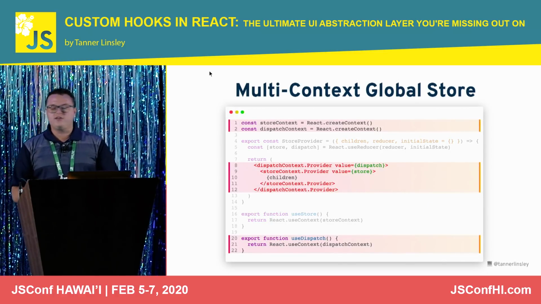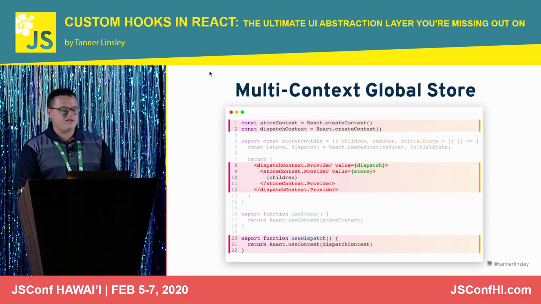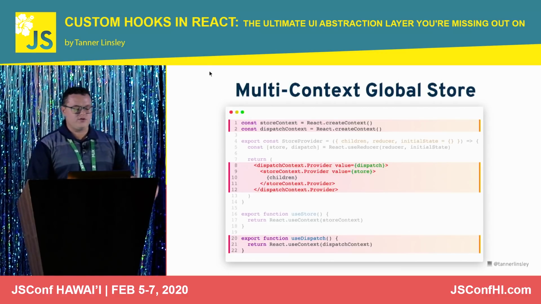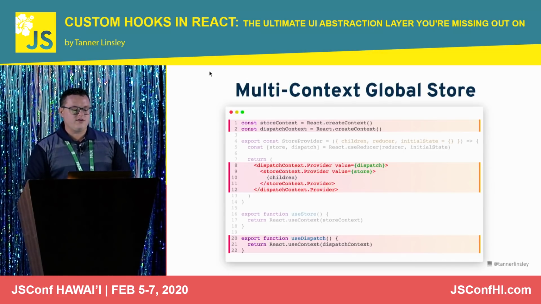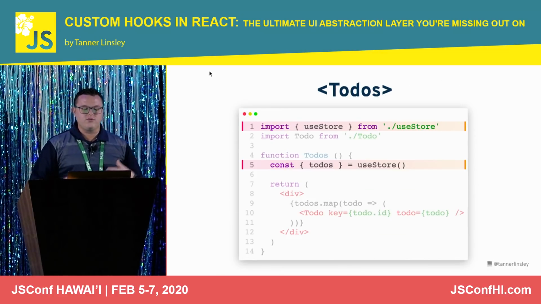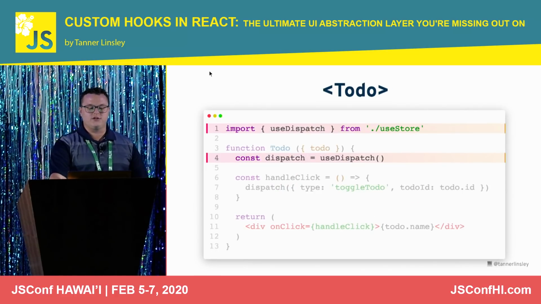It describes creating two separate contexts for your store and your dispatcher, and sending them both down the line, and creating another use dispatch custom hook there. So now inside of our components, if we want the store, we use the use store hook. And if we want the dispatcher, we use the use dispatch hook.